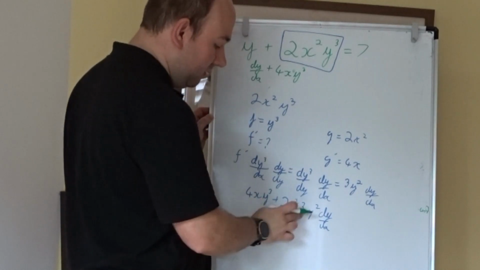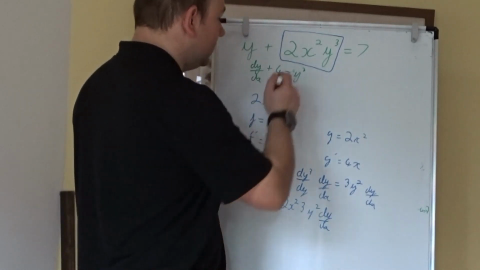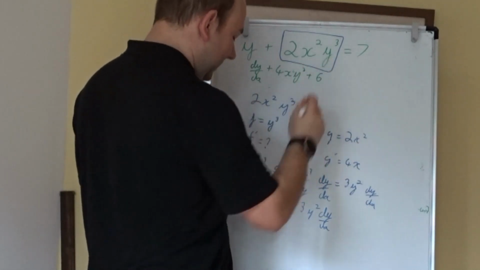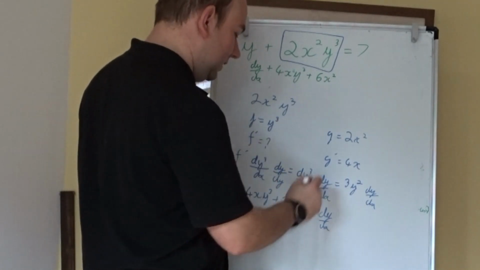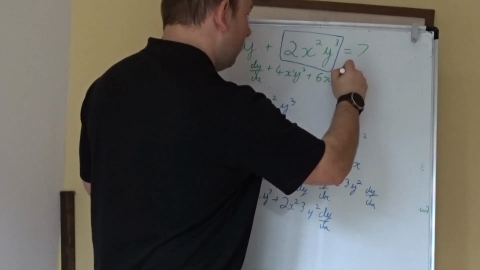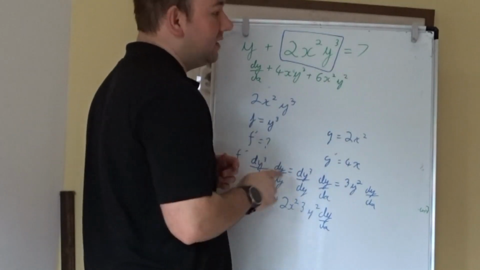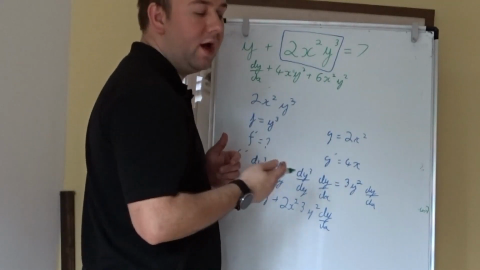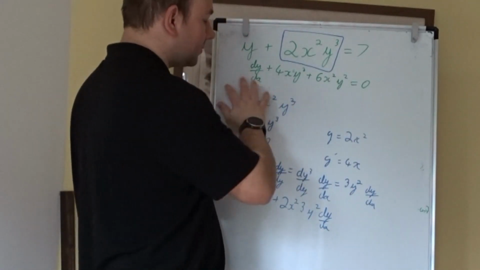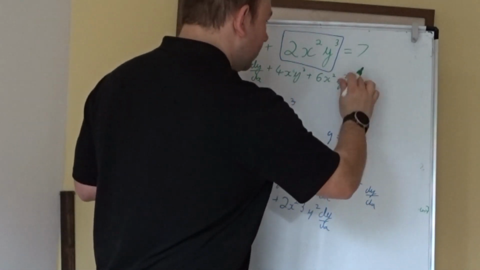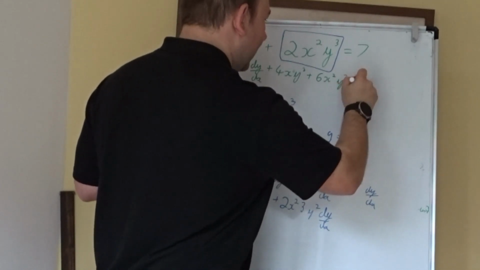I can combine these two terms together, the 3 and the 2, to go to 6x squared y squared. And if I differentiate 7, because you have to do the same on this side, with respect to y or respect to x, it's going to be equal to 0. And after this we should also put the dy by dx.